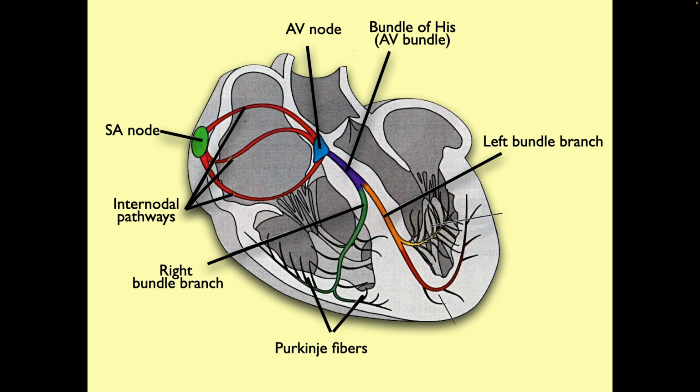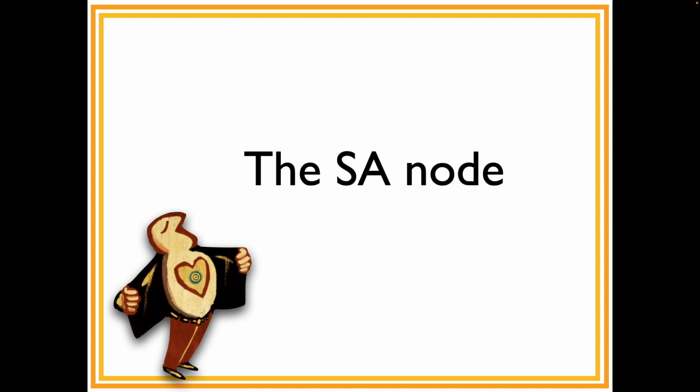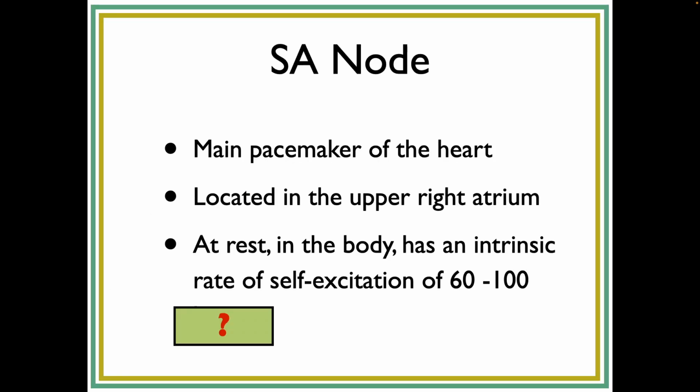The SA node, the sinoatrial node, is in the upper right portion of the right atrium. It's an actual structure. It's not just a little cell. It's a complicated little structure. It is the main pacemaker of a healthy heart, meaning that's what's driving the depolarization that leads to contractions.